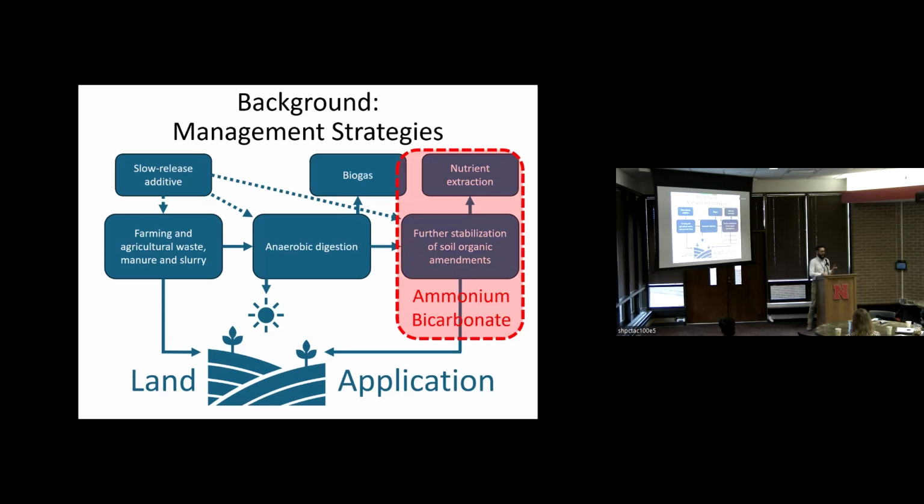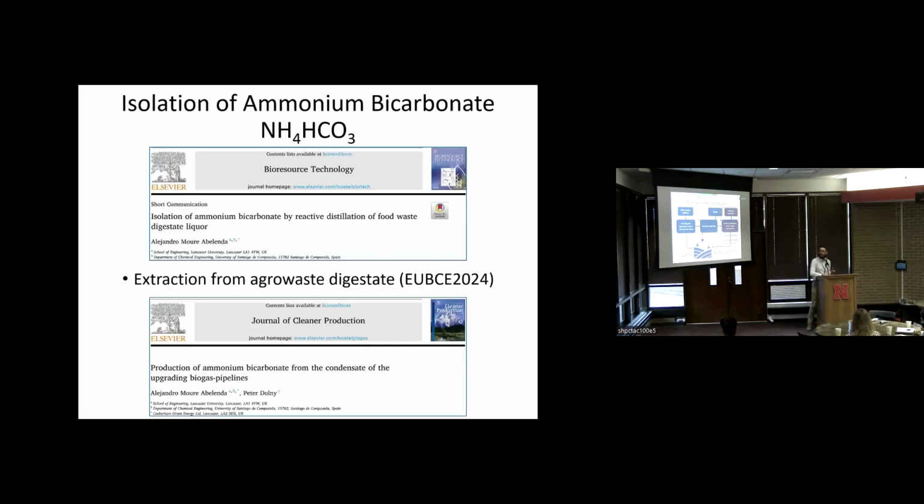So here is where I start to talk about the extraction of ammonium bicarbonate. I studied three different types of digestate: food waste digestate, agro waste digestate, and manure digestate. The food waste, as we've been discussing this morning with Brett, is very interesting because it has a lot of ammoniacal nitrogen, because of the conversion from proteins.